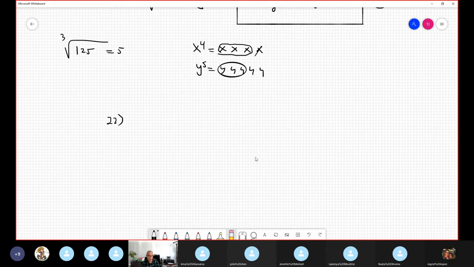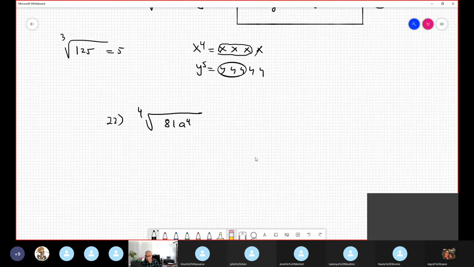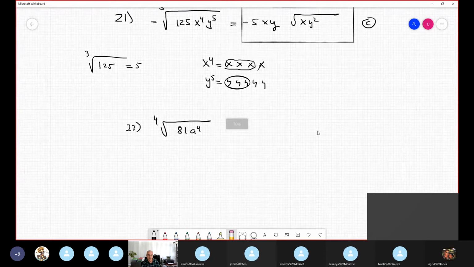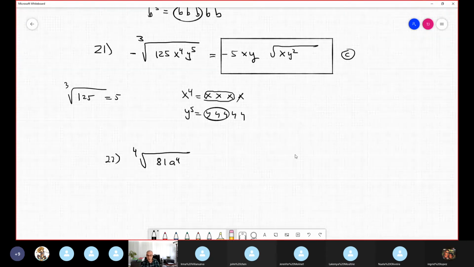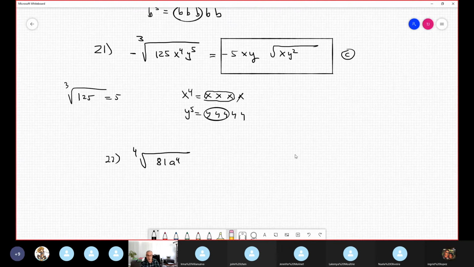23 is fourth root of 81 a to the 4th power. Okay, 81. You can put 81 in the calculator if you want, but suppose I have no calculator. 81 is 9 and 9.